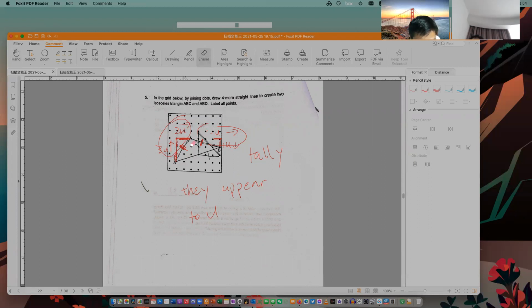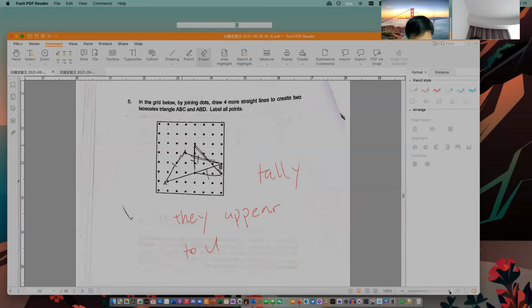Let me transport this diagram to PowerPoint. When you are given a dotted diagram, in fact, they want you to make use of the dots here, instead of measuring. So try to make use of this dotted diagram.